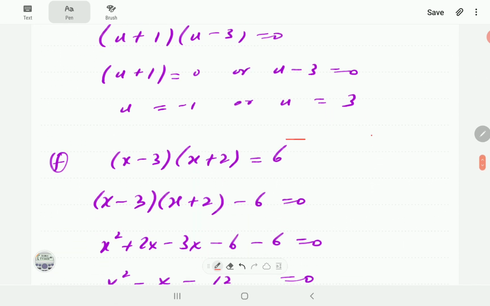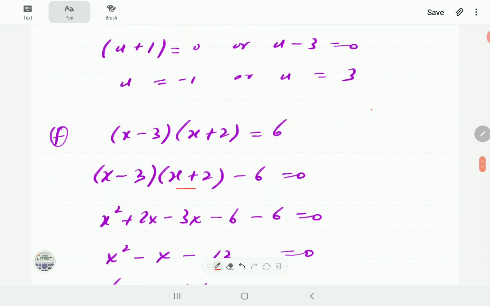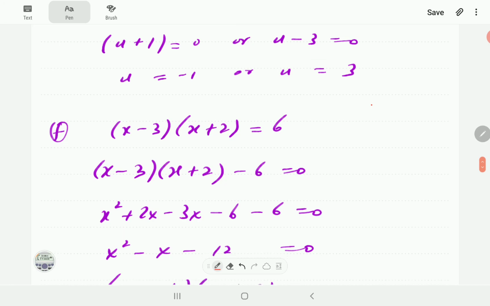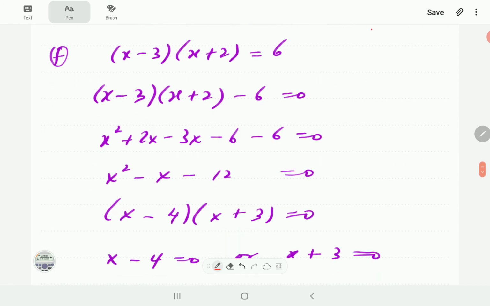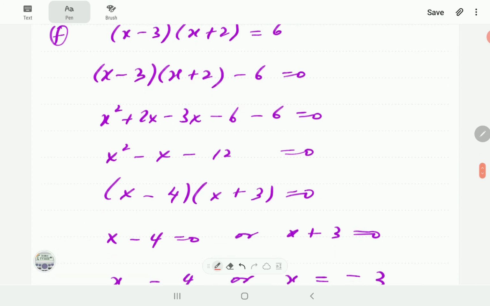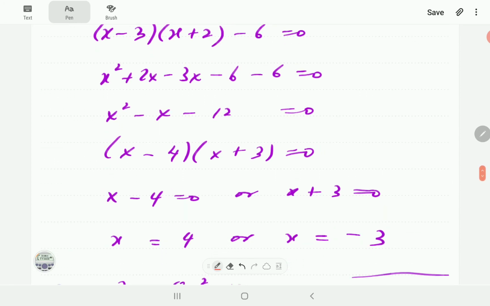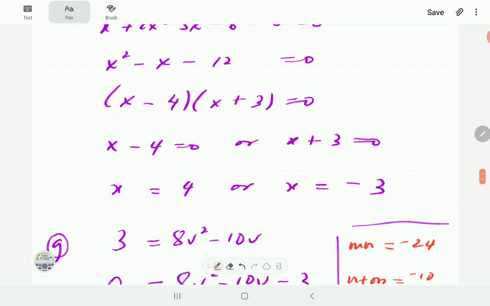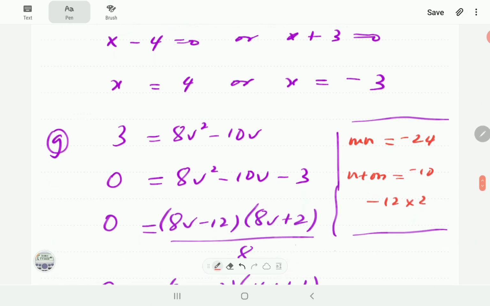For F, we have got 6 on the right hand side, so we need to bring the 6 to the left hand side and then expand the brackets. So that's going to ultimately work out to x squared minus x minus 12, which we can now factorize to x minus 4 into x plus 3. And so the solutions are going to be 4 and negative 3.